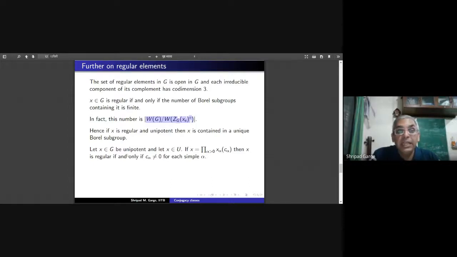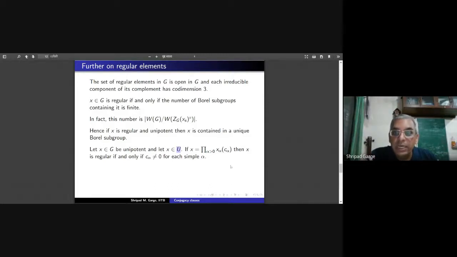And in fact, once you write down a unipotent element explicitly, you can tell just by looking at it whether it is going to be regular or not. Remember that this capital U, we had written as a product over positive roots of all the root subgroups coming from the positive roots.